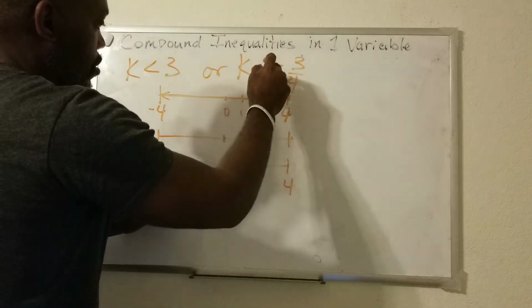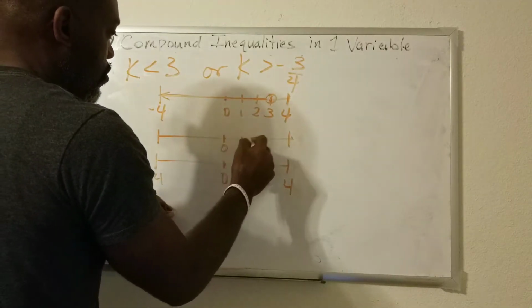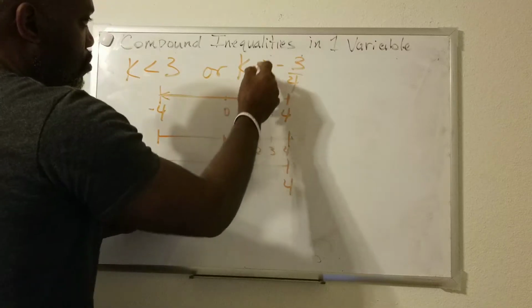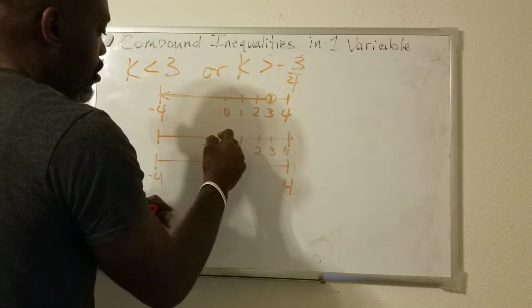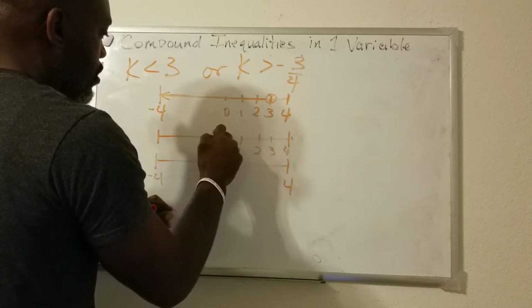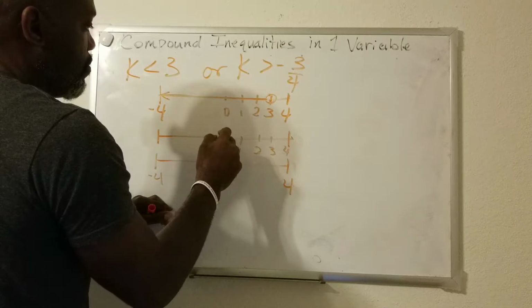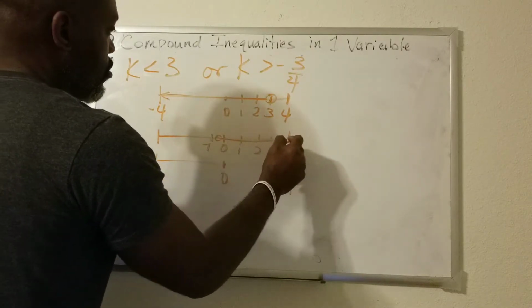So then K is greater than -3/4. So 0, 1, 2, 3, 4. So -3/4. So this is -1. So -3/4 is going to be about right here. Greater than, right? So 0 is greater than that. So we're going to go this way.